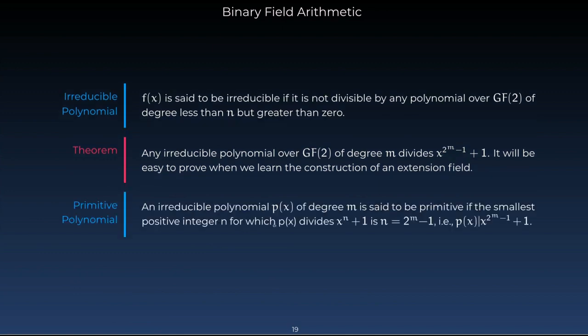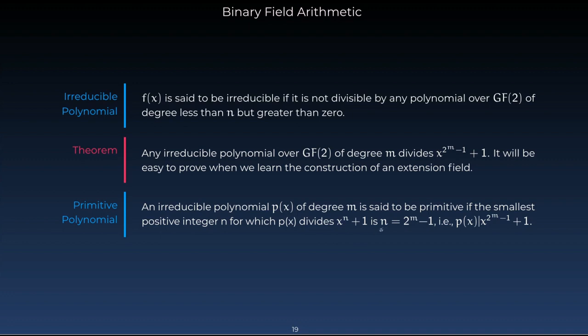Now there is another definition, of a primitive polynomial. A primitive polynomial is basically an irreducible polynomial p(x). An irreducible polynomial p(x) of degree m is said to be primitive if the smallest positive integer n for which p(x) divides x to the power n plus 1 is n equal to 2^m minus 1.